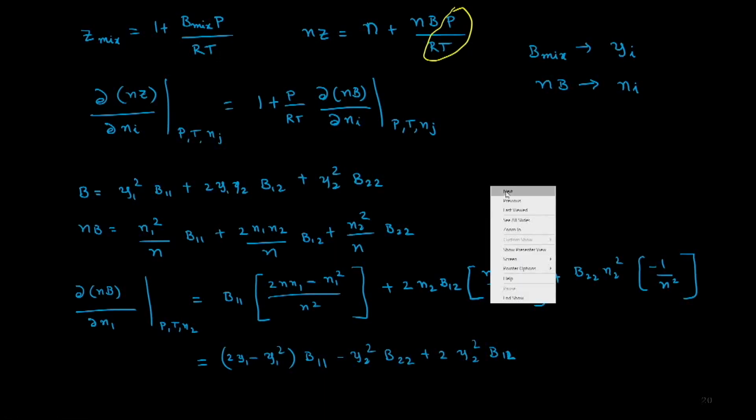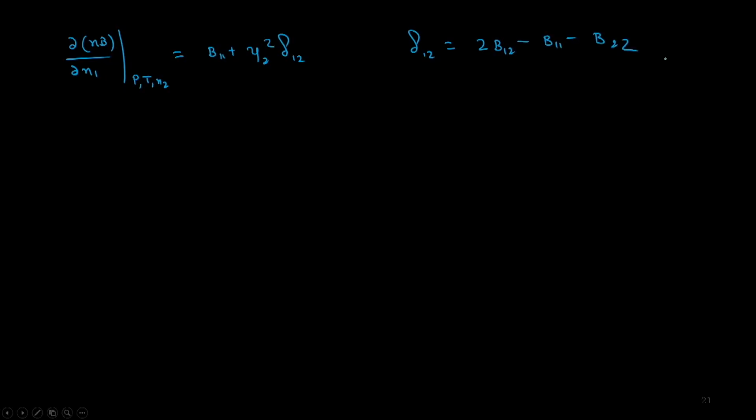So I can obtain the derivative of nb with respect to n1. This can be further simplified to put it in a general form. It turns out that this value of the derivative of nb with respect to n1 at P, T and n2 can be written as b11 plus y2 square delta 12. This delta 12 is given by 2b12 minus b11 minus b22. We can further simplify that, right?